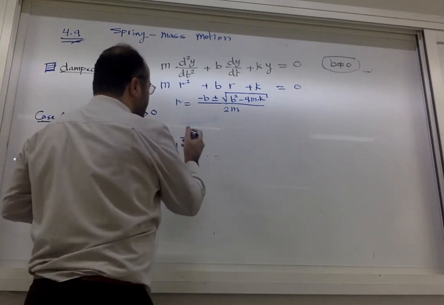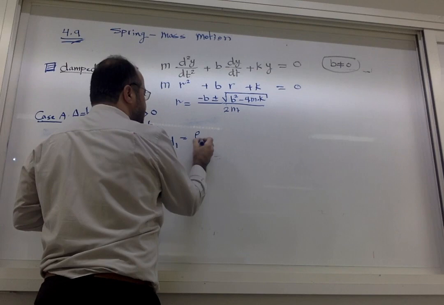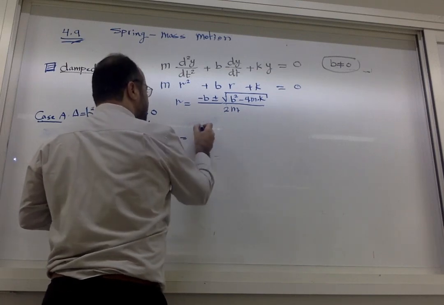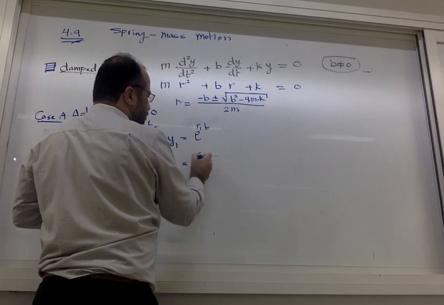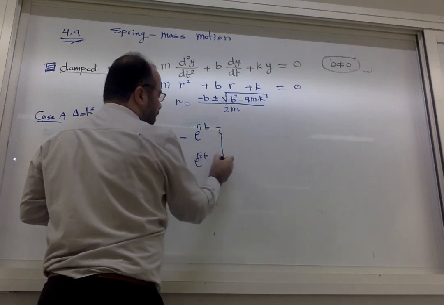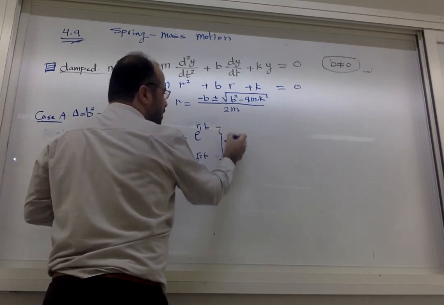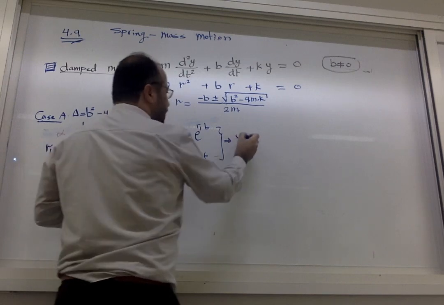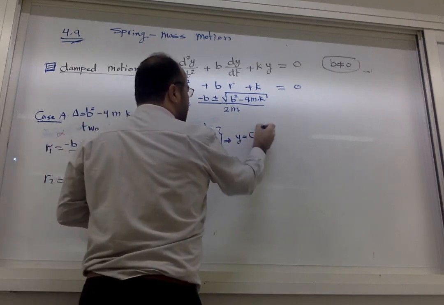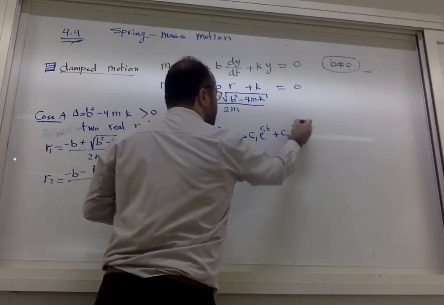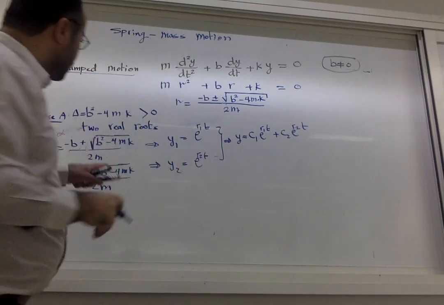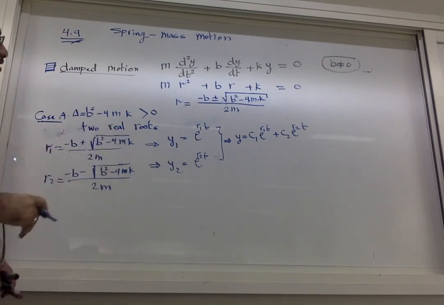Then solution number 1 is e to the r1 t, and solution number 2 is e to the r2 t. I can combine the two solutions to get the homogeneous general solution, which is C1 e to the r1 t plus C2 e to the r2 t.